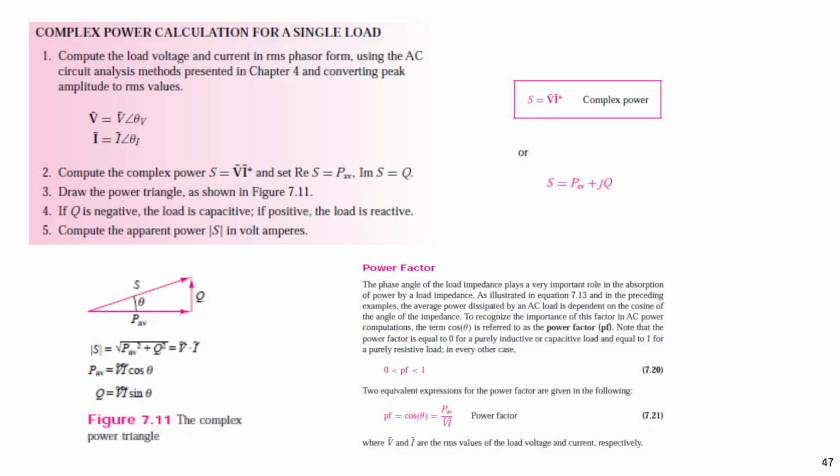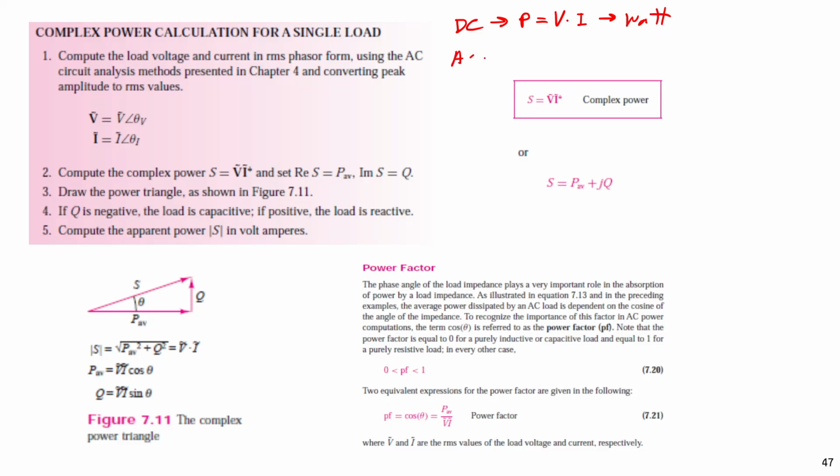Okay, then we talk about complex power. When we calculate power for a DC system, the power is just V times I, and we have only the real power in terms of watts.